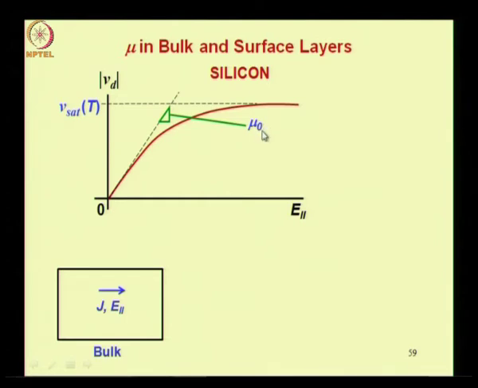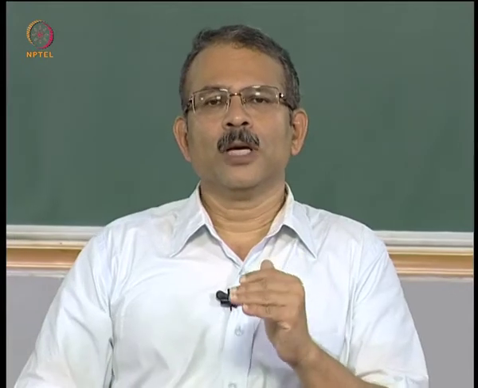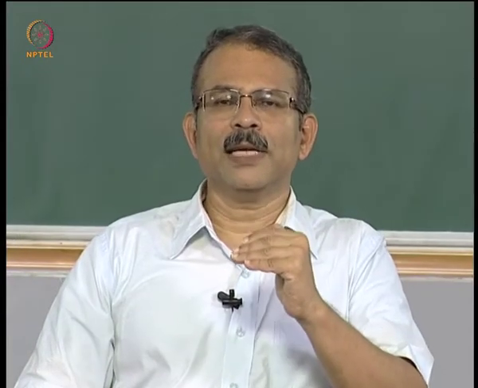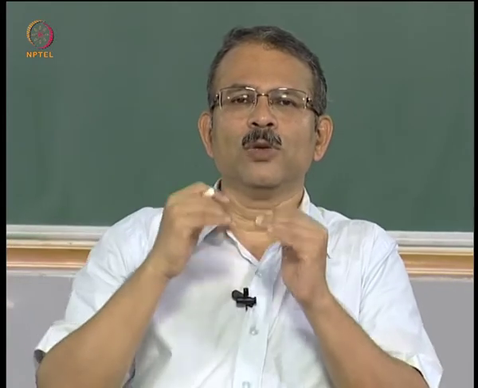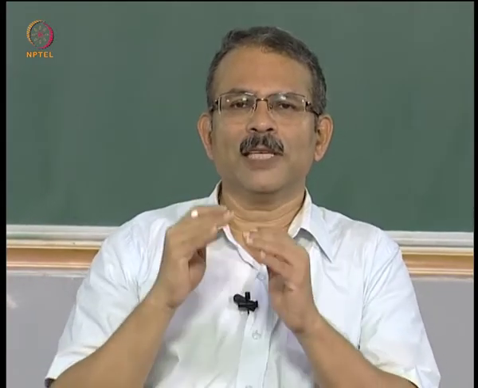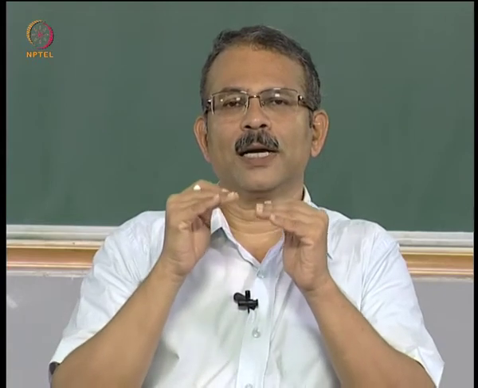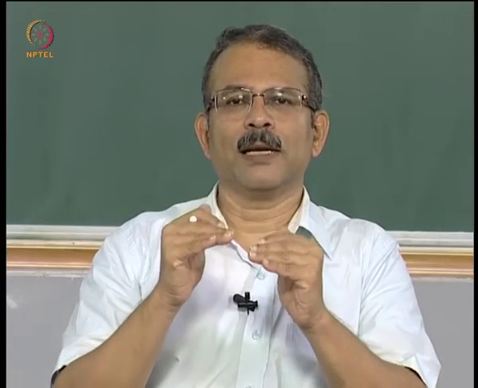Since we are in general going to encounter both parallel and perpendicular electric fields, note that when we use the term low field mobility, we always mean the field parallel to the current flow. So it is E parallel.